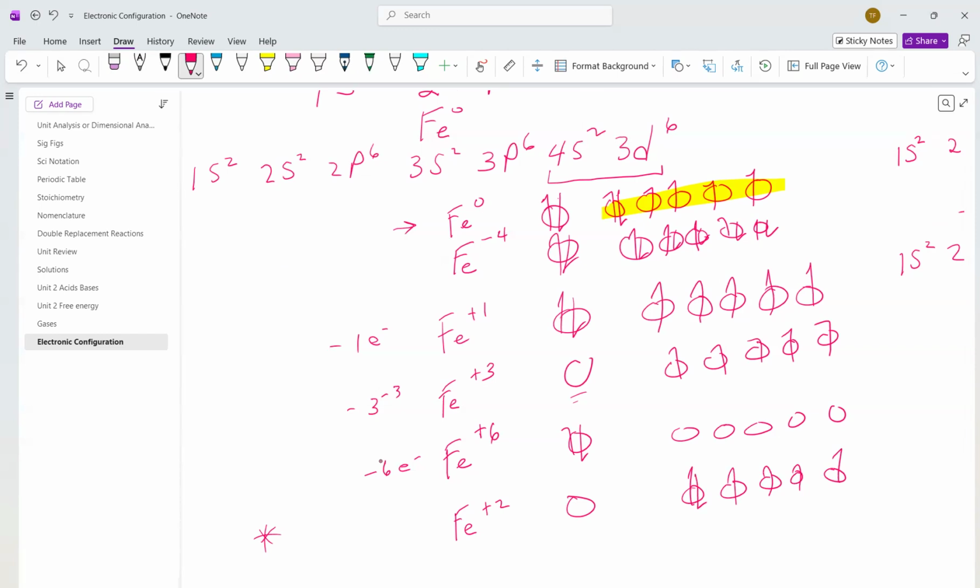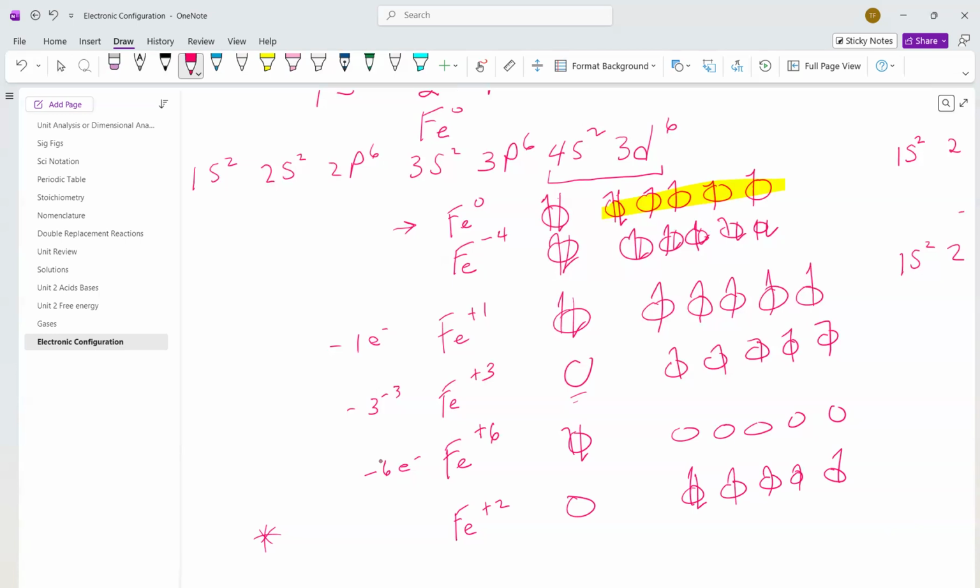Now, we didn't do anything to increase the stability of the Ds, but we eliminated the S. That means it reverts back to the lower level. That's a full shell. Not quite a full shell, but it kind of mimics that.